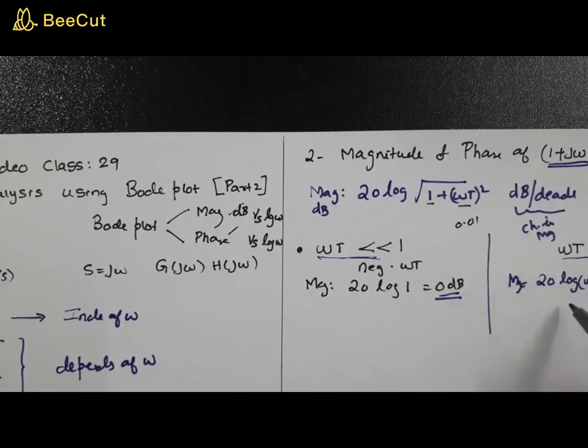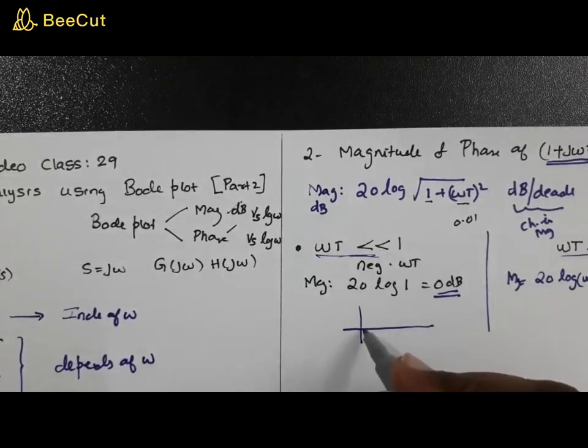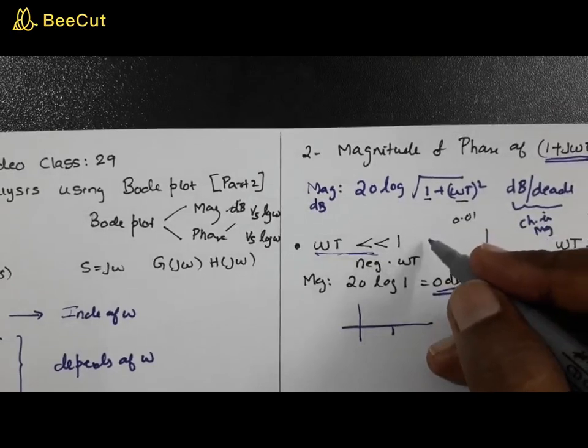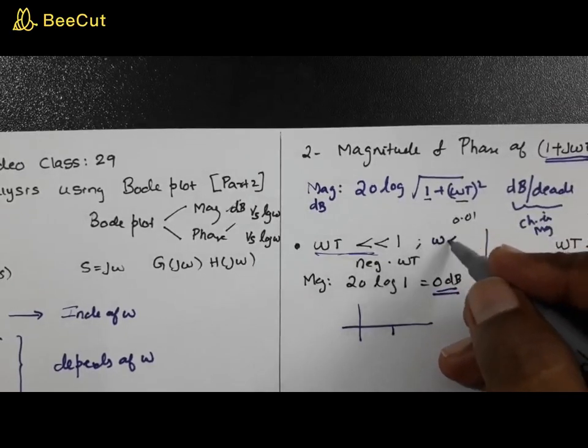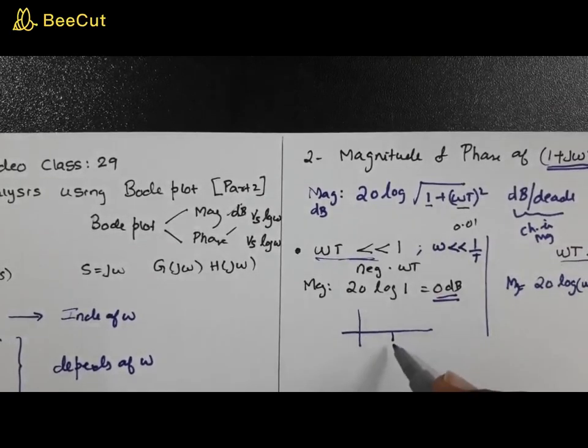Now I'm going to explain the meaning of this magnitude. From this you can come to another conclusion: omega is much less than 1 by t. Let this point be 1 by t.